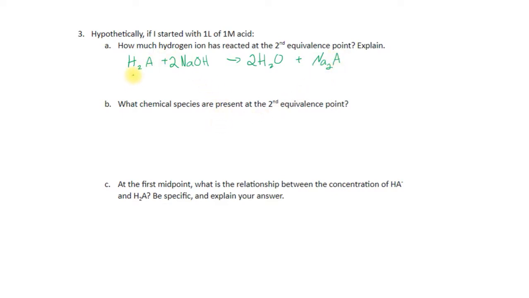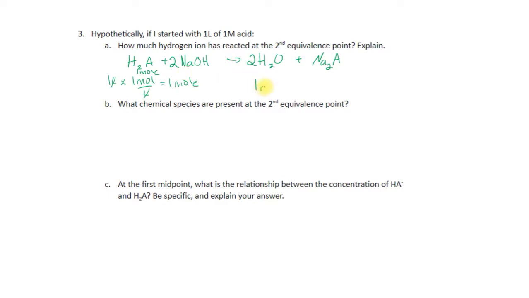Okay, so if I start with 1 liter of 1 molar acid, I can figure out how many moles that is. It's sometimes easier for us to picture what's happening in moles, right? So I start off with 1 mole initially. By the time we get to the end, it's asking how much hydrogen ion has reacted. Well, there's 2 hydrogen ions for every A. So really this kind of question is asking how much water do you make in moles, right?